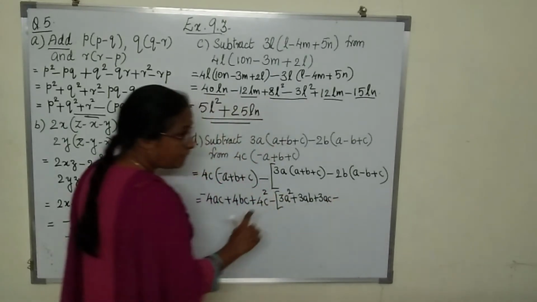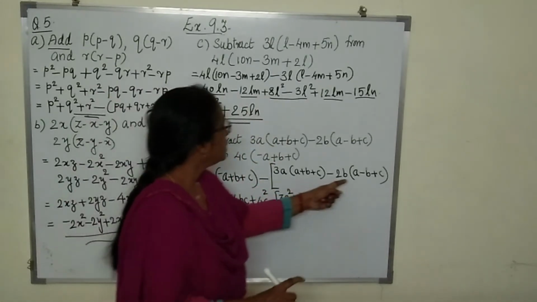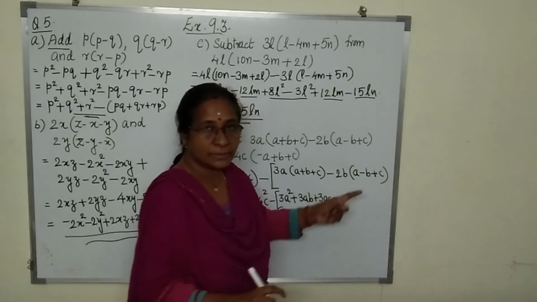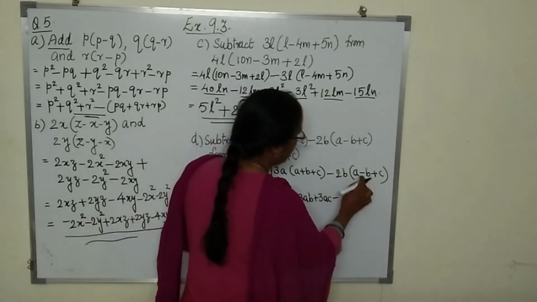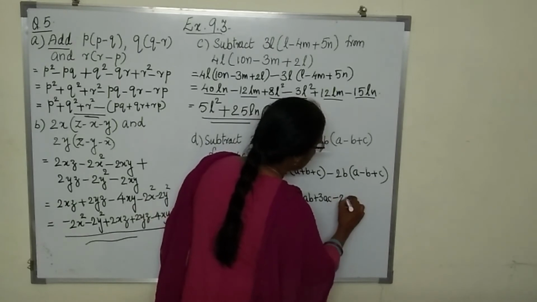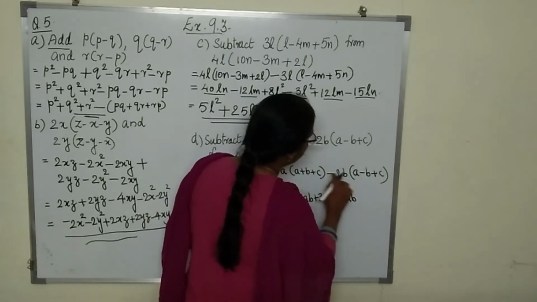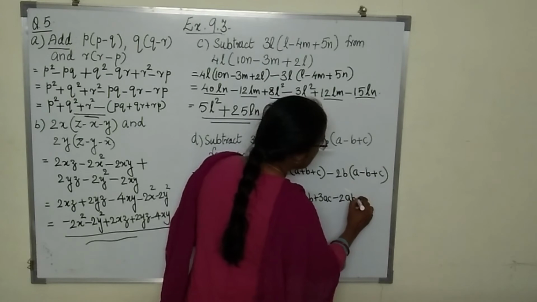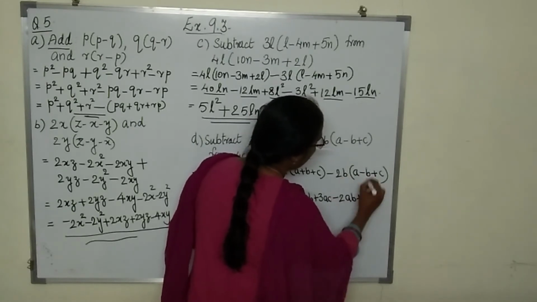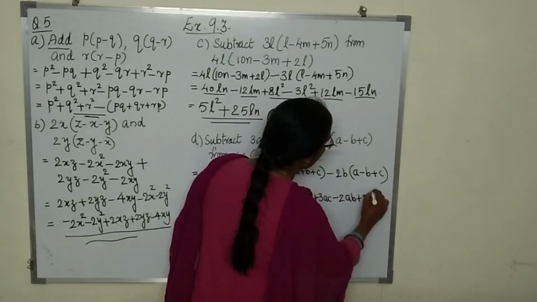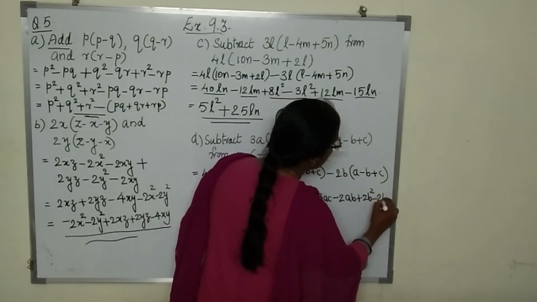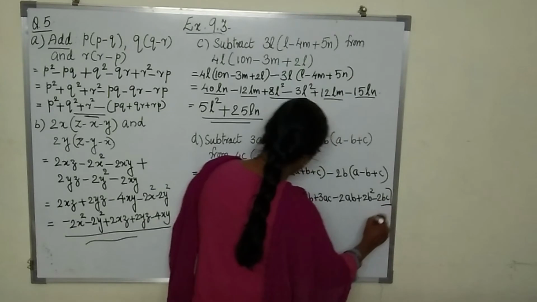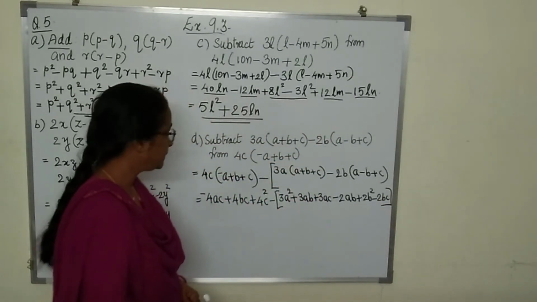Again minus, here we have to be careful because these complete terms will change into their opposite. So minus 2b into a is minus 2ab. Minus into minus, plus 2b into b, 2b square, minus 2b into c, minus 2bc. So this full is in bracket.